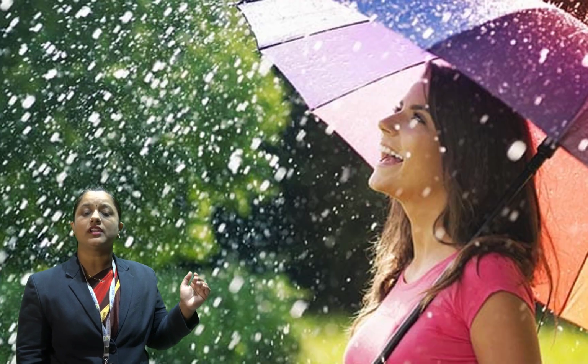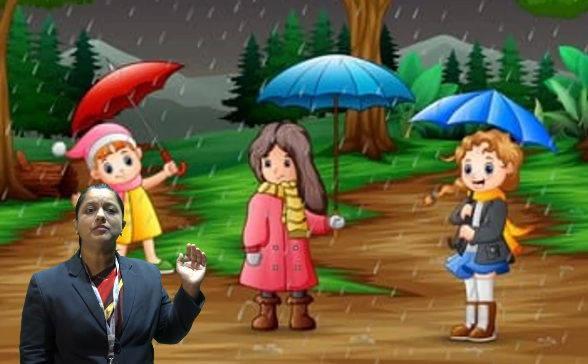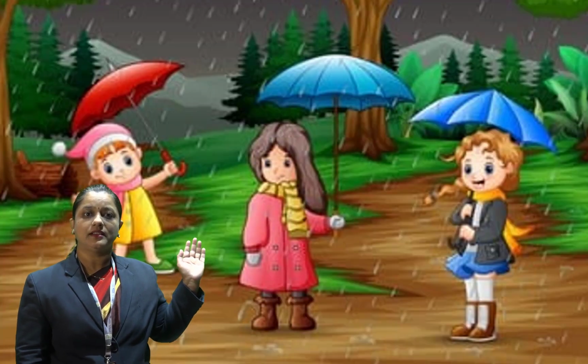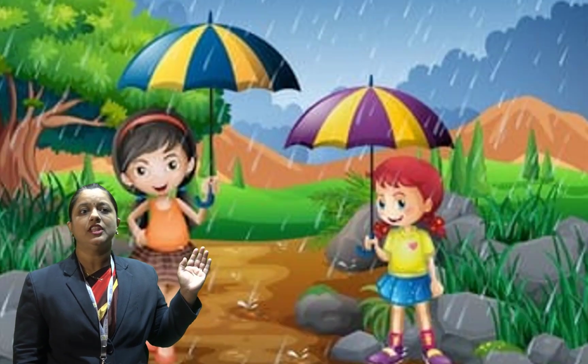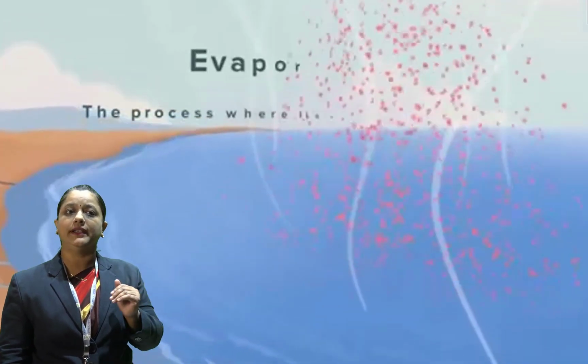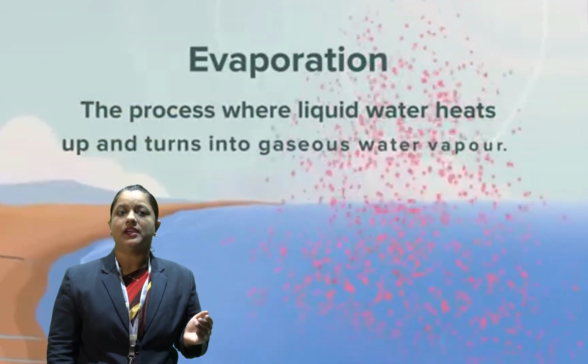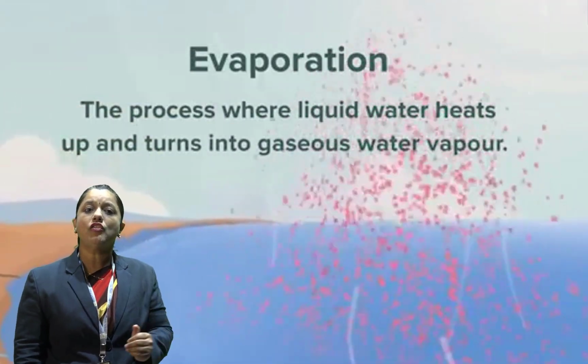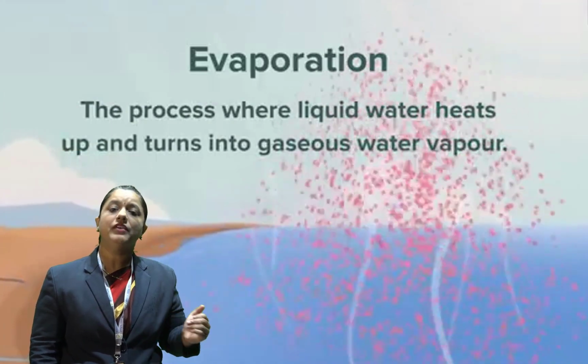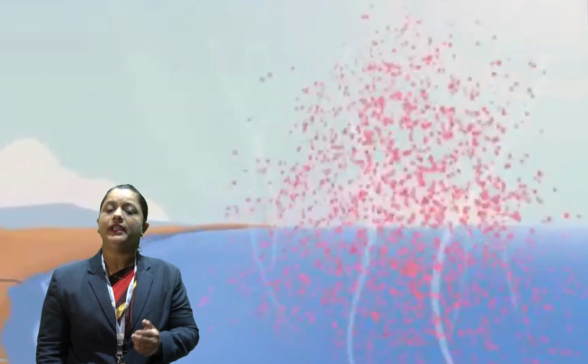Where does water come from? The water comes from the sea, ocean and river. The water cycle shows the continuous movement of water within the earth's atmosphere. The sun's heat causes evaporation into vapor. When the water vapor cools down, it condenses and forms clouds.